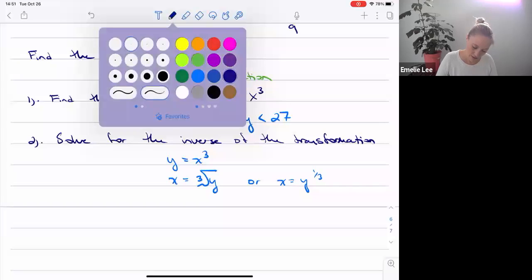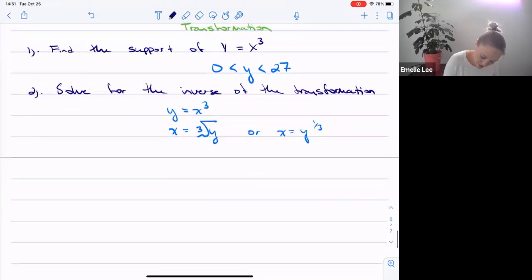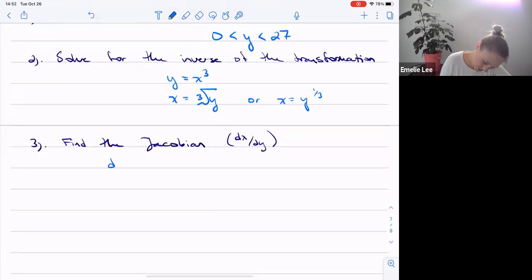Okay. Next thing you want to do is find the Jacobian. So the Jacobian sounds fancy, but it's really just dx/dy. So in our case, dx/dy is going to be the derivative of y to the 1 over 3.